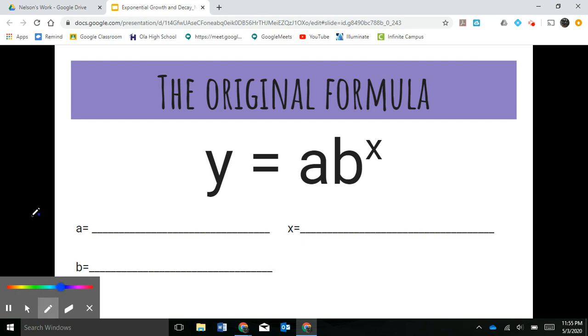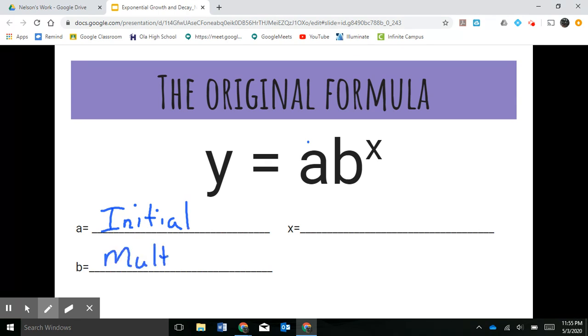If you talk about what the things stand for, remember that A is always the initial amount. It's what you start off with. Sometimes we could say the principal. B is your multiplier. It's what you are doubling, tripling, quadrupling, whatever.